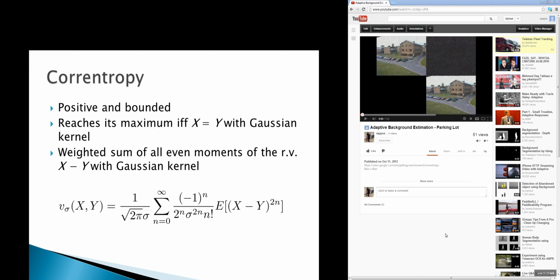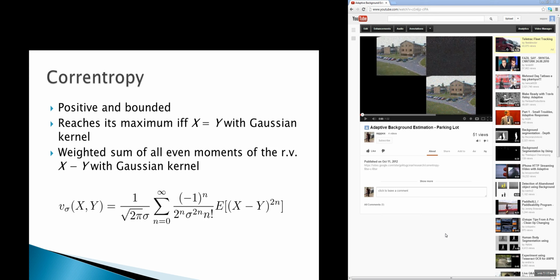These are the properties that really make Correntropy a desirable method to use. It is positive and bounded, and reaches its maximum if and only if x equals y when we use the Gaussian kernel, so that's a very nice property. Also, as we are using the Gaussian kernel, the Correntropy is the weighted sum of all even moments of the random variable x minus y.